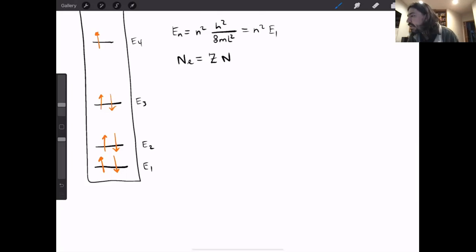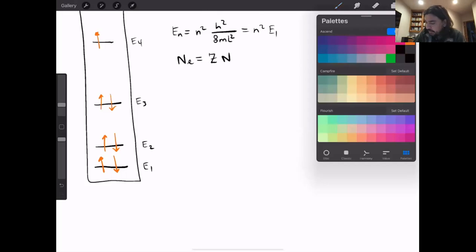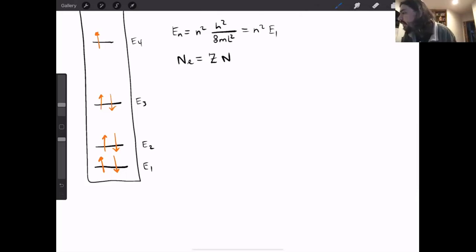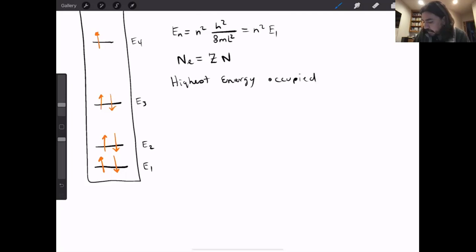So if we look at it, we can find out what the energy is. Well, the first thing is, what is the highest energy of the system at zero temperature? The highest energy occupied is, in this case, called the Fermi energy.